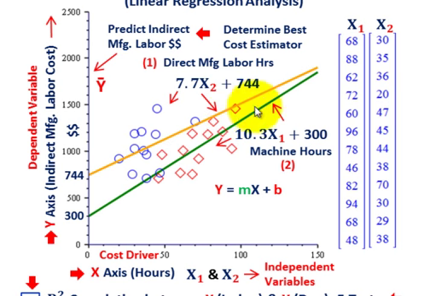And I've done a simple linear regression based on the two different data sets. The blue circles are direct manufacturing labor hours, and simple linear regression gives that gold line that I'm showing with that slope. It's saying that the slope of that line, 7.7, times each direct manufacturing labor hour, X2, with the x-axis in hours for those independent variables, X1 for our machine hours and X2 for our direct manufacturing labor hours.